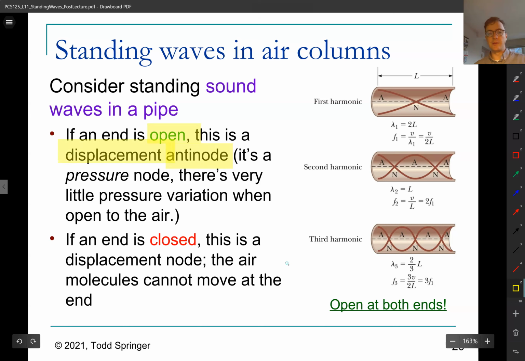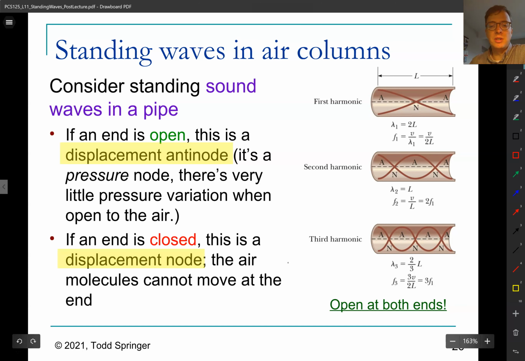What it means is that the molecules are moving the most at the open end. So the open end will be a displacement antinode, and the closed end will be a displacement node because it makes sense that if the end is closed, like here, the air molecules can't move anywhere because they're just up against that wall.